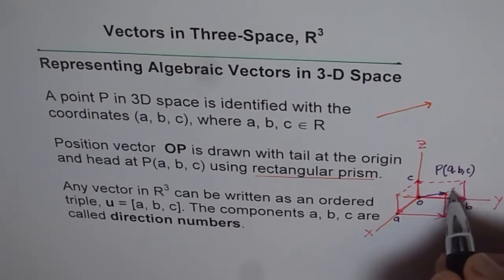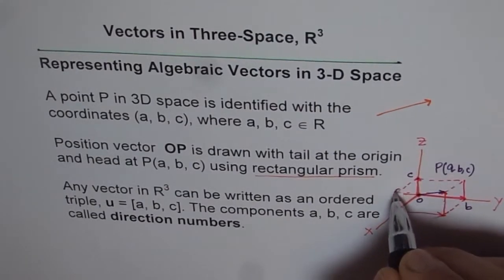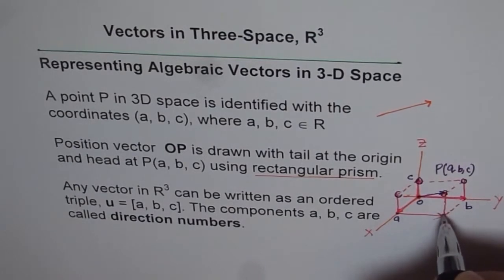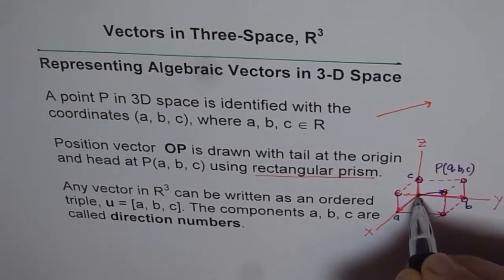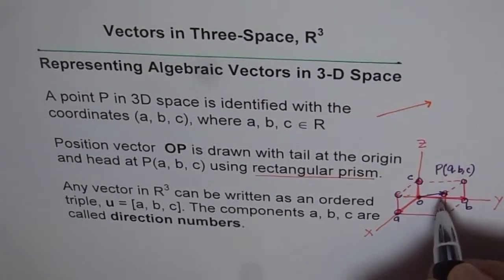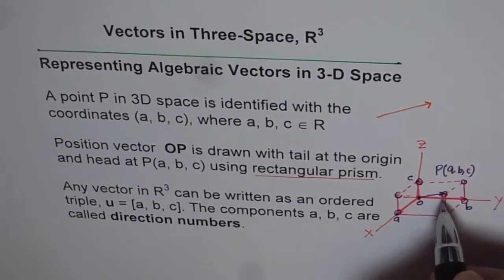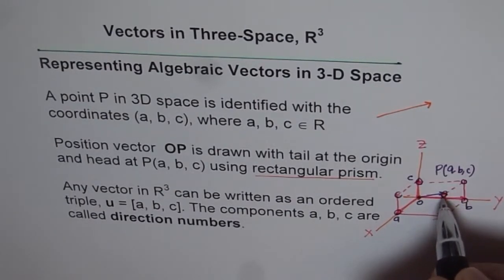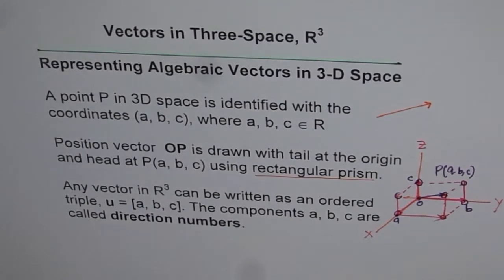We define this prism with these 8 vertices, and these 8 vertices are also referred to as octants. And the position of this octant here is on top right in front of us, right? So that is the location of our position vector OP in 3 space.